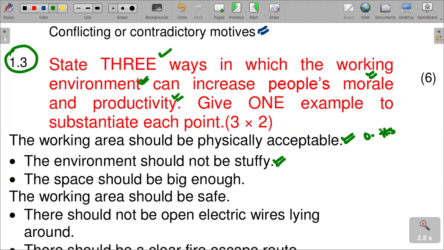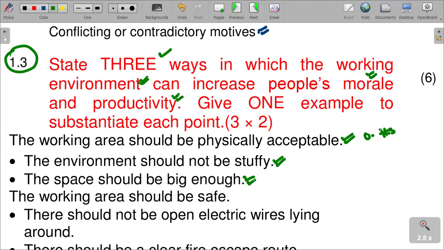In terms of that, productivity can be reduced in a place where the environment is stuffy, scary, and very unsafe. It affects the productivity of employees. The space should be big enough, that is space for expression. When people are working, they need space that can enable them to express themselves freely.